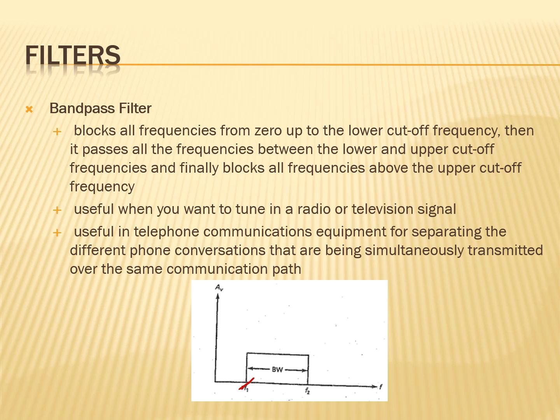This time we have 2 cutoff frequencies, and it passes all the frequencies between the lower and the upper cutoff frequencies, and finally blocks all frequencies above the upper cutoff frequency.